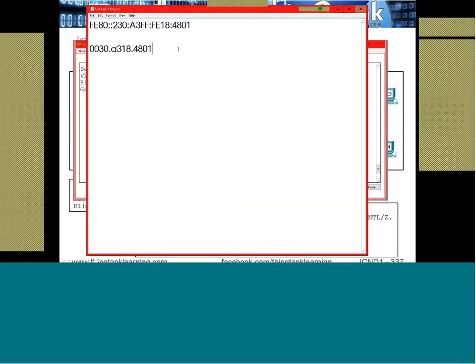Now, if you recall from our discussions in the IPv6 section, link local is derived using FE80::/10 followed by the EUI-64 host address. So how did I derive the EUI-64 host address?